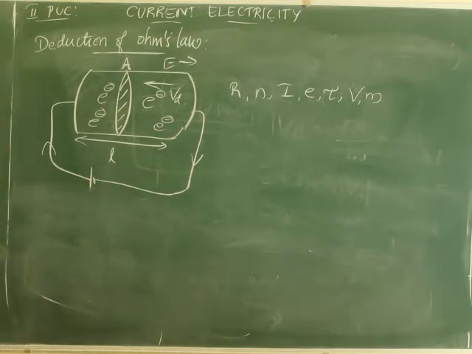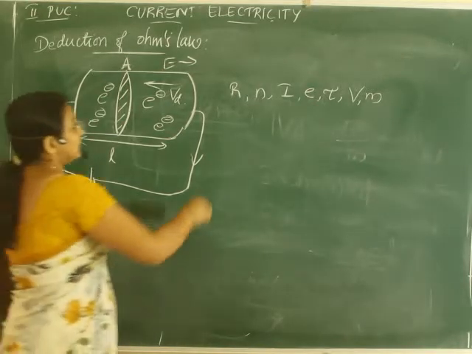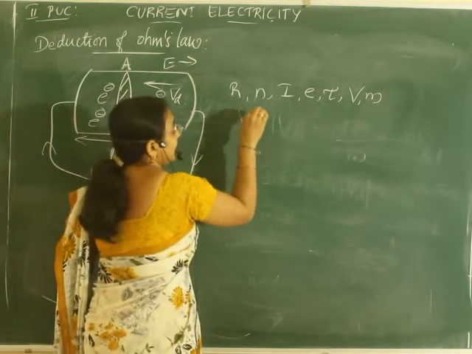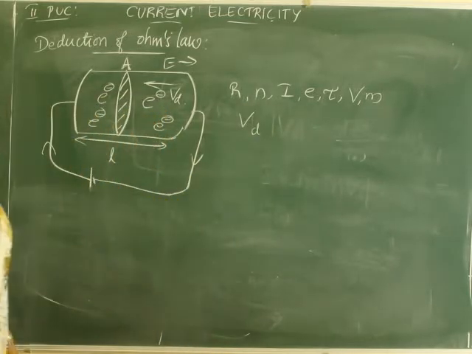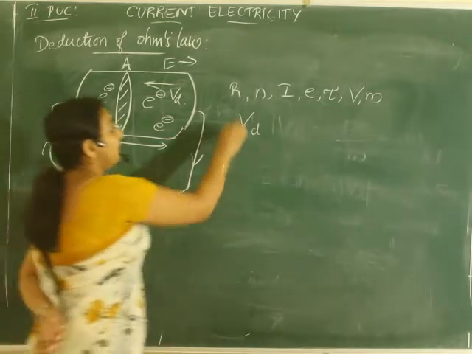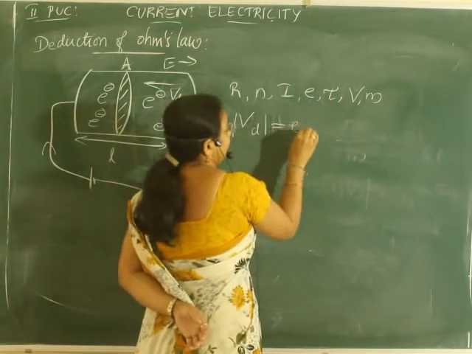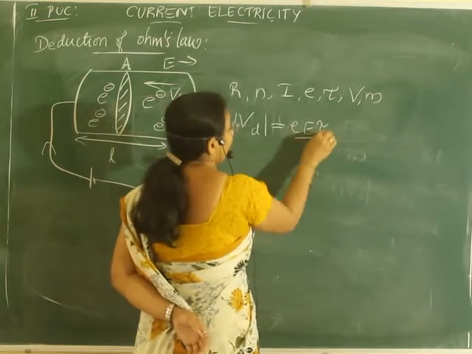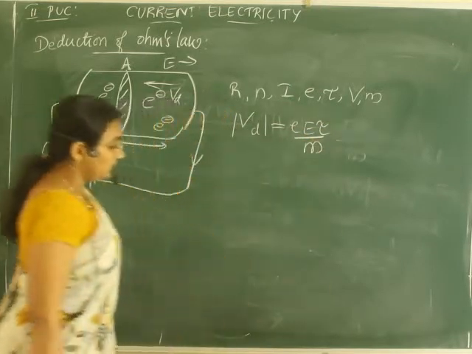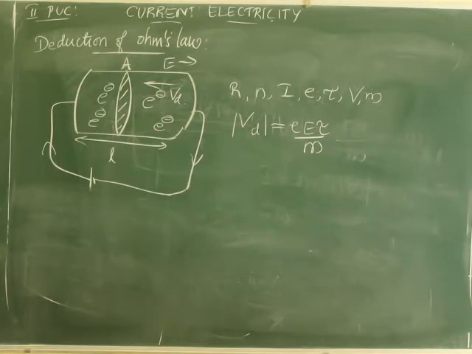Now, when the electrons are drifted, the velocity with which the electrons are drifted is Vd = E tau by M. This was the expression we got for Vd.